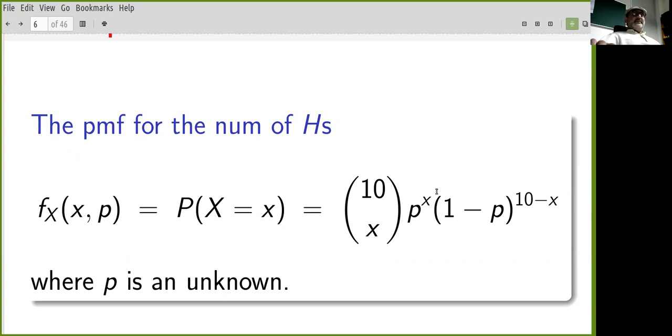Let's say your p is unknown. I'm going to flip a coin 10 times and count the number of h's. If I don't know what the probability p of getting an h is, I'm going to take a look at my results, and let's say my results were 3 out of 10. So how would I estimate p?